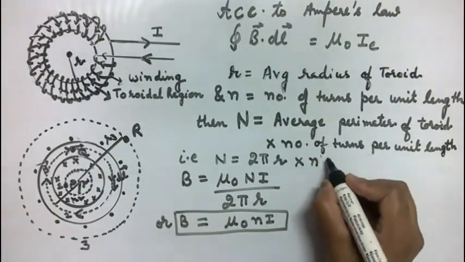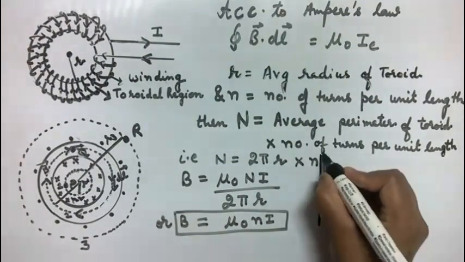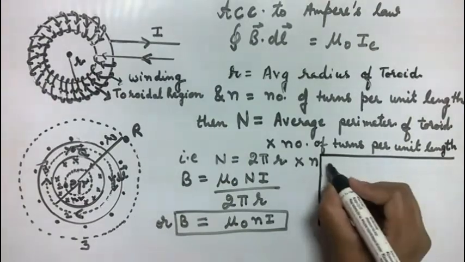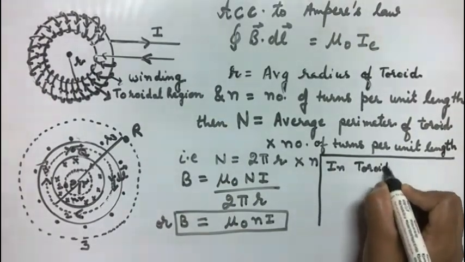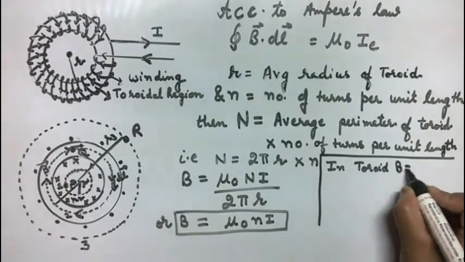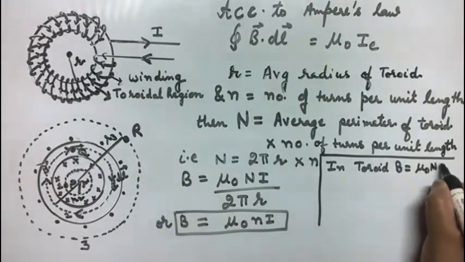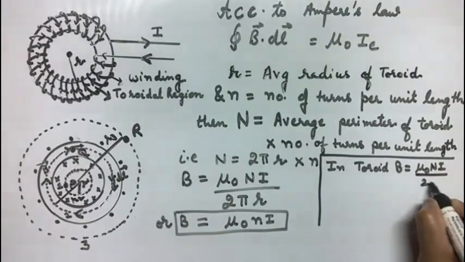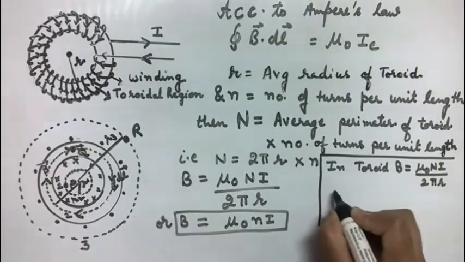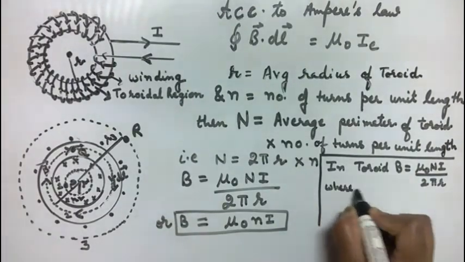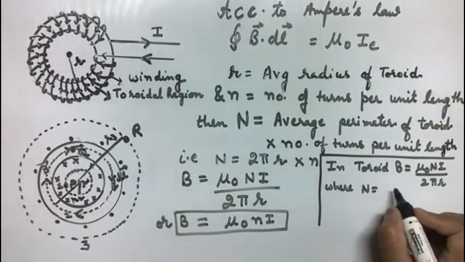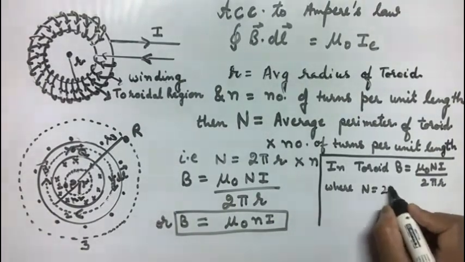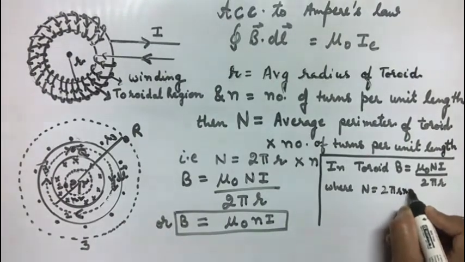Thus, we have learned that in a toroid, the magnetic field is mu naught N I upon 2 pi R, where N is the average perimeter of the toroid times the number of turns per unit length, that is 2 pi R times n.